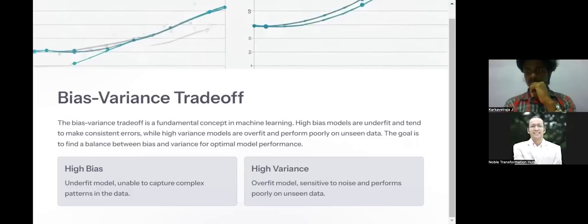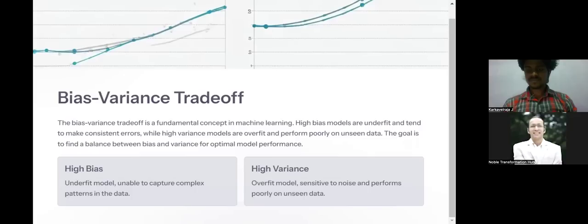But in terms of academics, you have to tell people that underfit means it is biased, it is going to make errors, and it is not going to capture the patterns. And high variance, overfit, is sensitive to noise and performs poorly on unseen data. Both have their own problems.